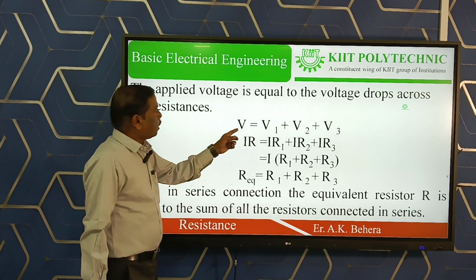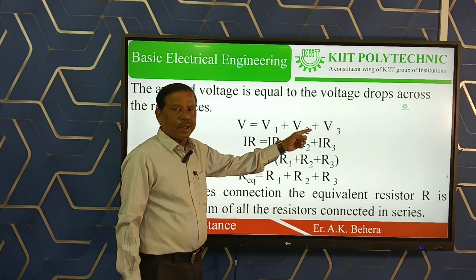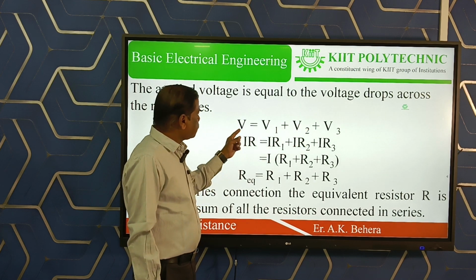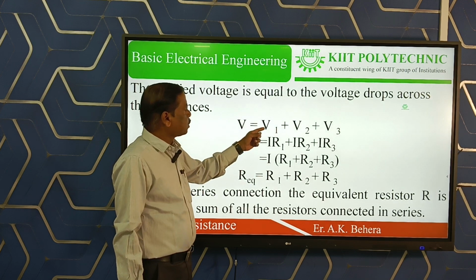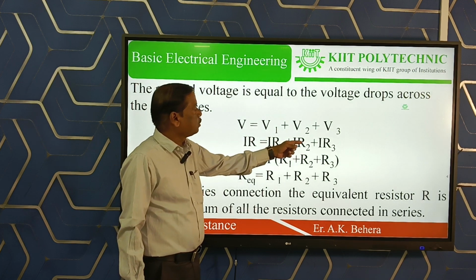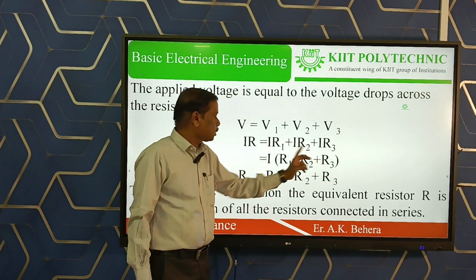Here I have mentioned that the total voltage is equal to the sum of all the voltage drops across each element. Now, according to Ohm's law, instead of V, I can write I into R1, plus I into R2, plus I into R3. If I take I common, this is R1 plus R2 plus R3.